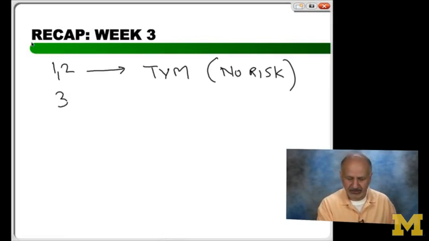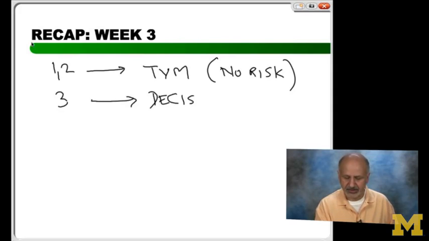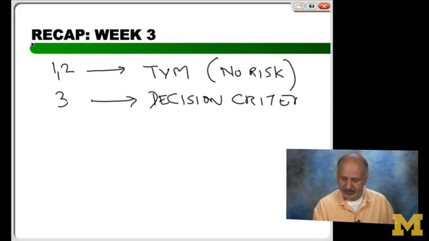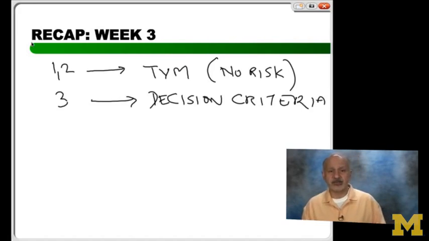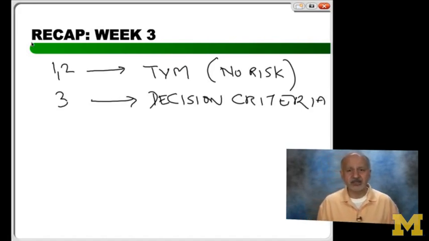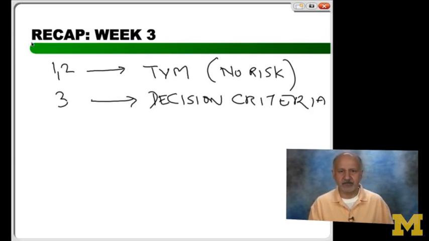The third week recap, we started talking about decisions and how to make them. We talked about decision criteria, and we basically spent a ton of time introducing criteria, doing examples, introducing another one, doing examples, and so on.